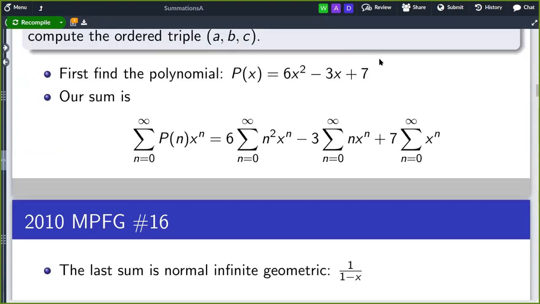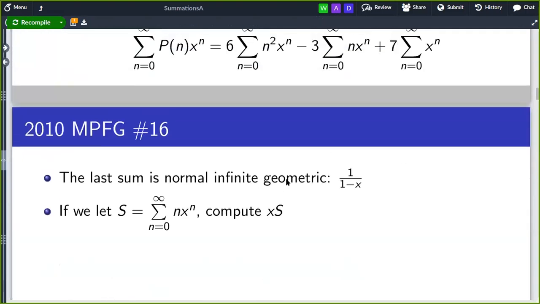Okay, so that's right. We're going to multiply by the common ratio. So if we let s be equal to the second sum, the sum of n equals 0 to infinity of n x to the n, we are going to calculate xs. Scroll down.